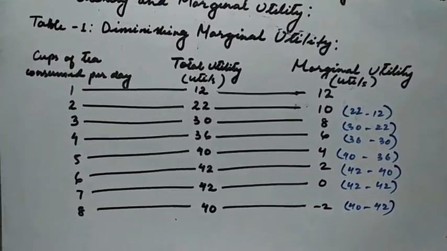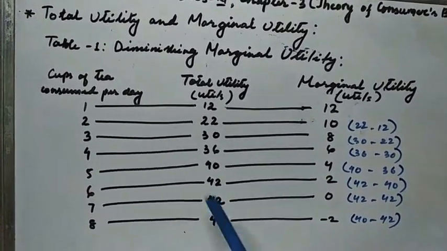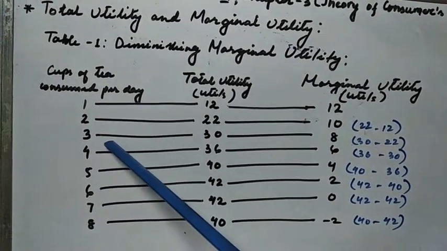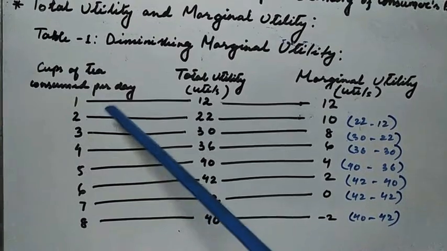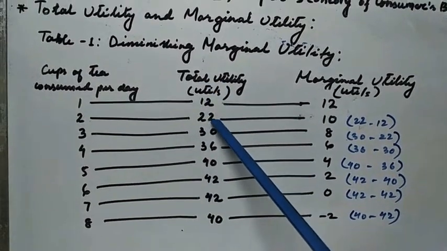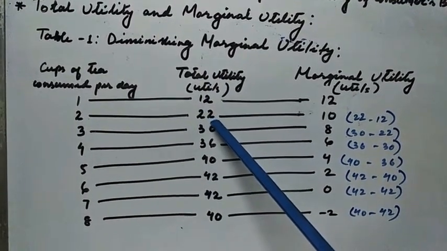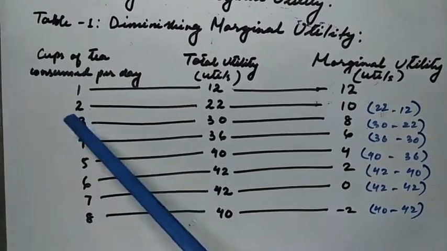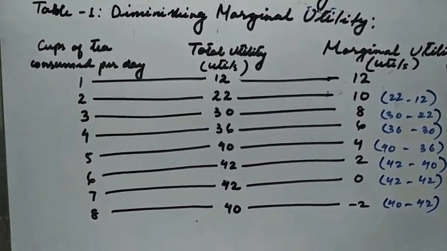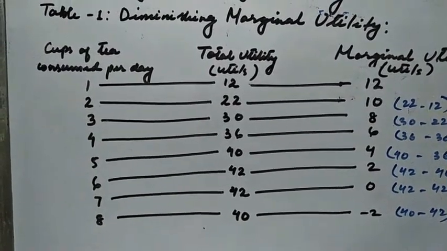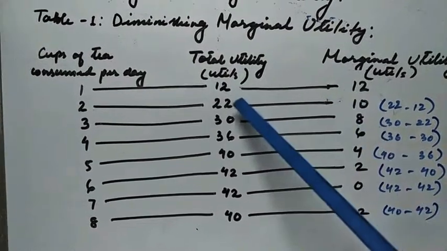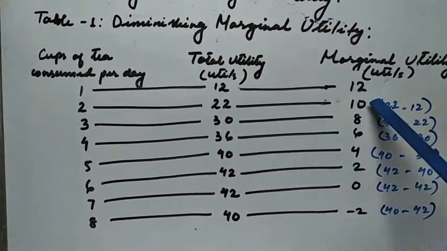Look at when a consumer takes 2 cups of tea per day, his total utility increases from 12 to 22 utils. This means that consumption of the second cup of tea has made an addition to the total utility. That is 22 minus 12 is 10.